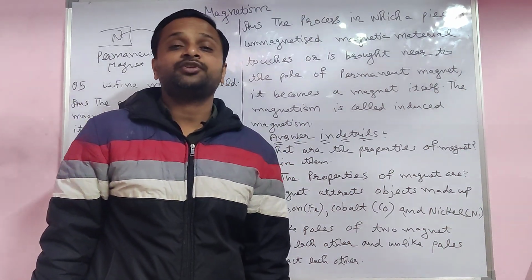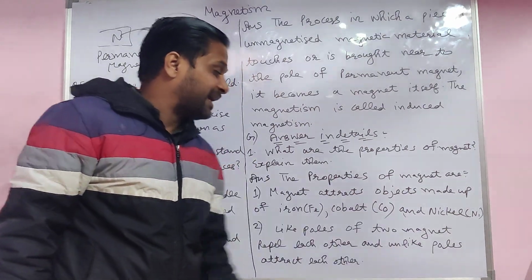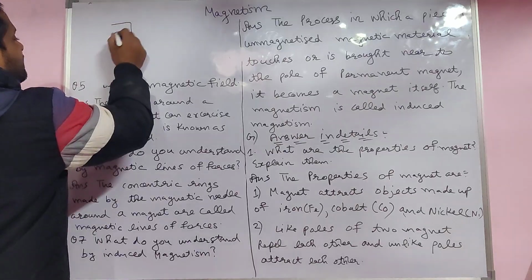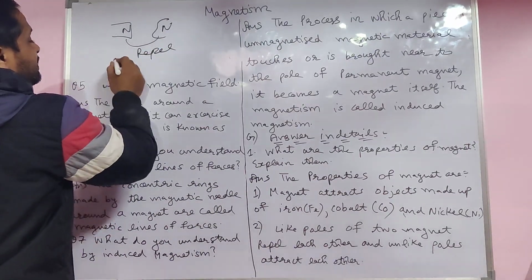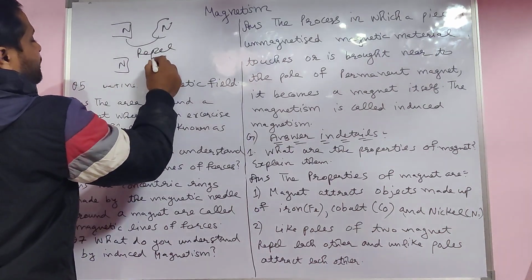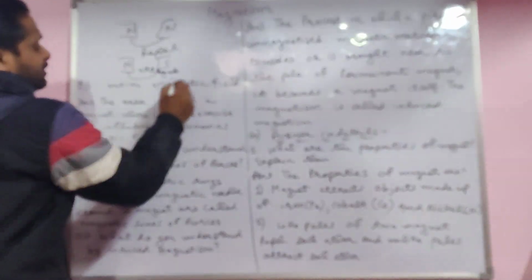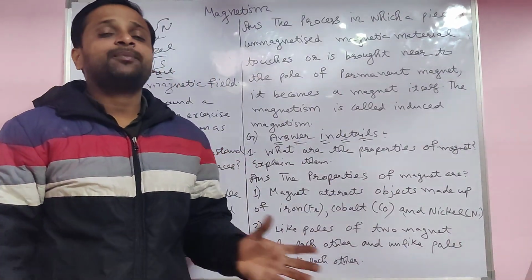Iron, cobalt, nickel show magnetism, induced magnetism. Like poles of magnets repel each other, opposite poles attract each other. This is the second property, students.